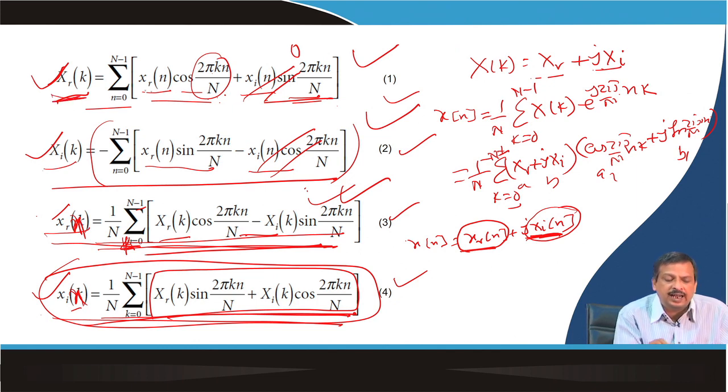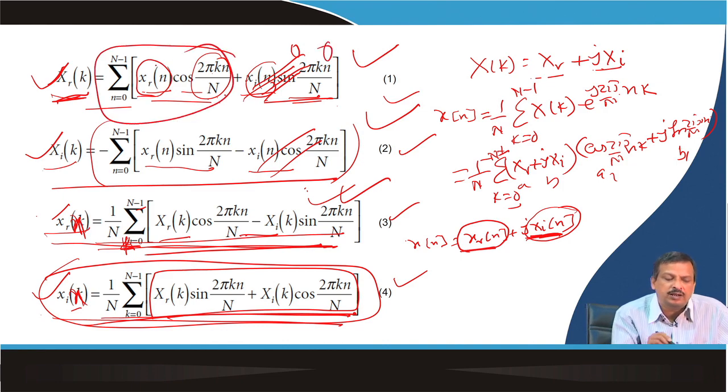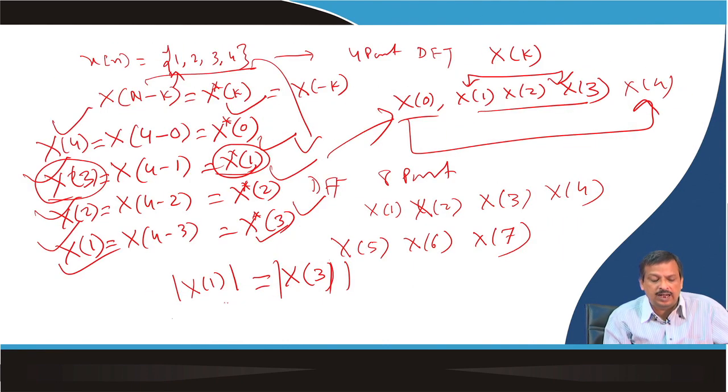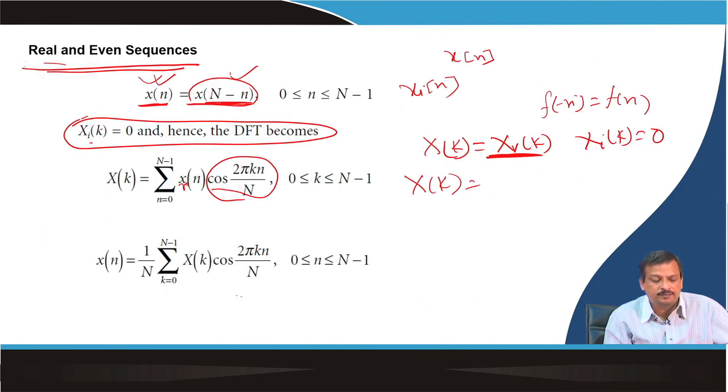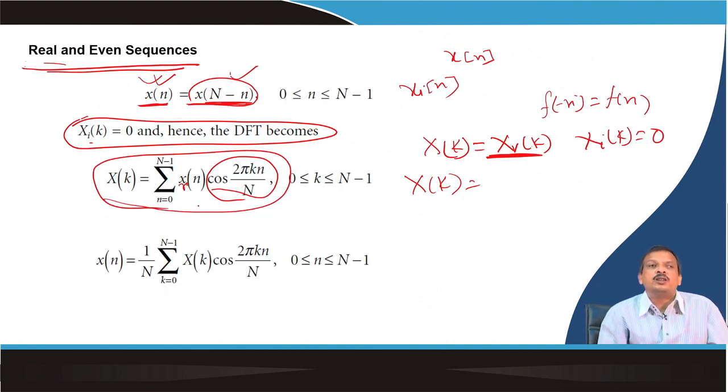So X of rk and X of ik, this portion will be 0, only this portion will be there. This is the DFT of the sequence. So if my sequence is real and even, then the DFT is reduced to this one only.